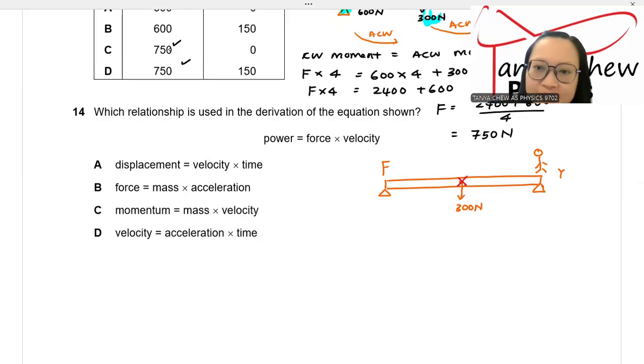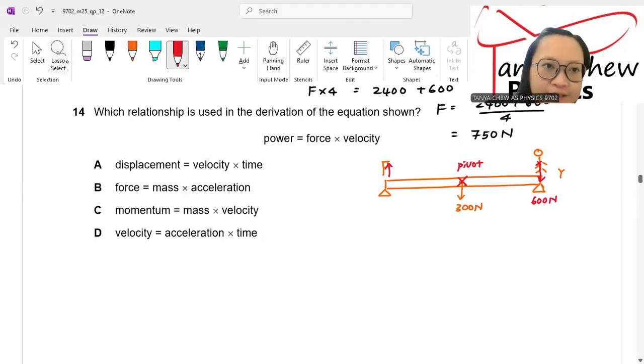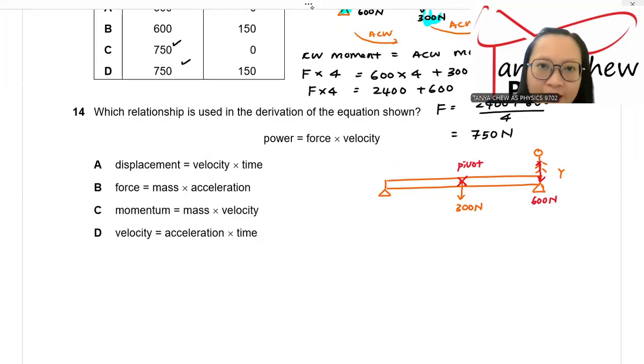This is my pivot. So I only involve two forces. This is the weight of the child acting downwards, 600 Newton, and F is acting vertically upwards. I better write it nicely right here. Okay, this is F.